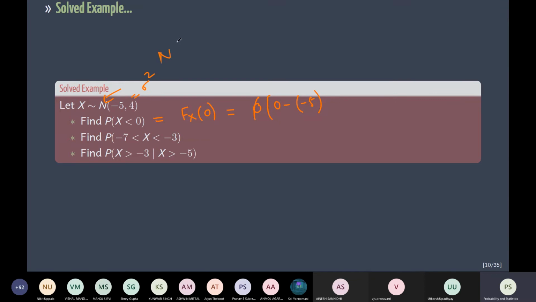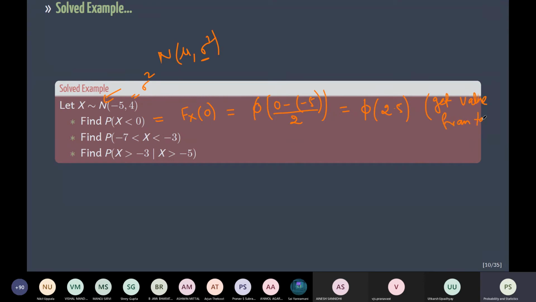Remember that normal distributions are written as mu and sigma squared, so sigma will be the square root of this, which is 2 in this case. Then this will be Phi of 5 by 2, which is 2.5, and we look into the tabular data to get the value from the table.